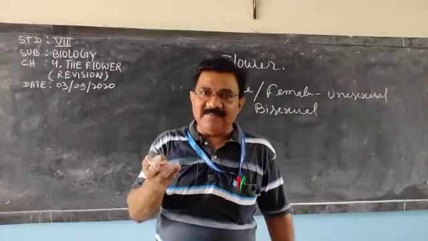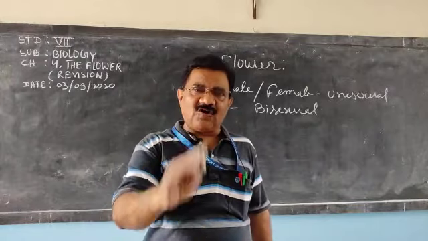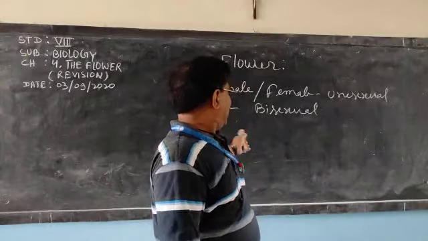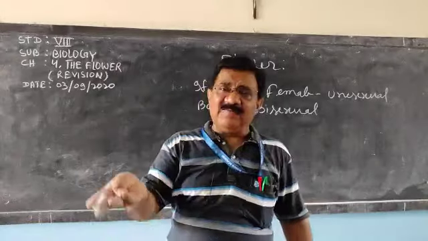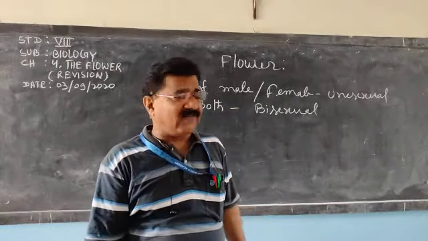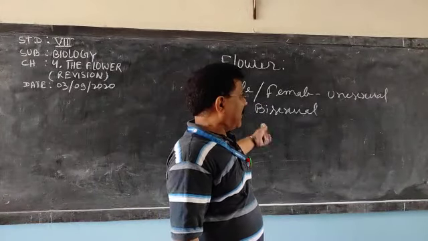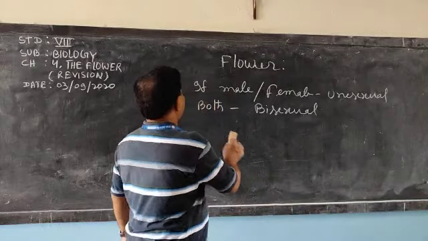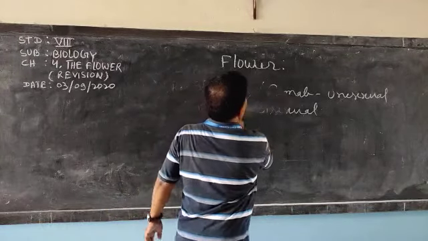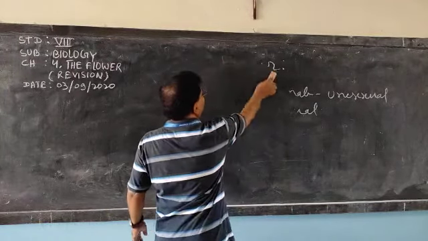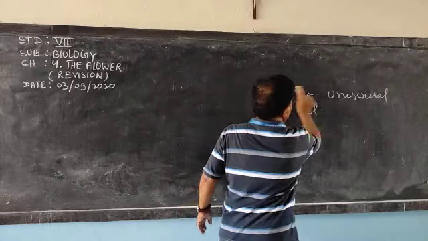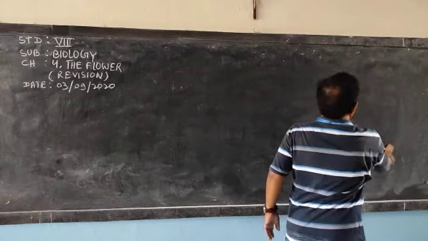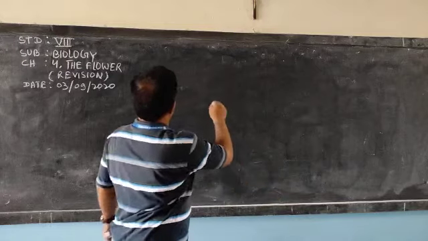If it is either male or female, then it is called unisexual. And if male and female both parts are present in the flower, then it is called bisexual. Now let us discuss the important parts of a bisexual flower.